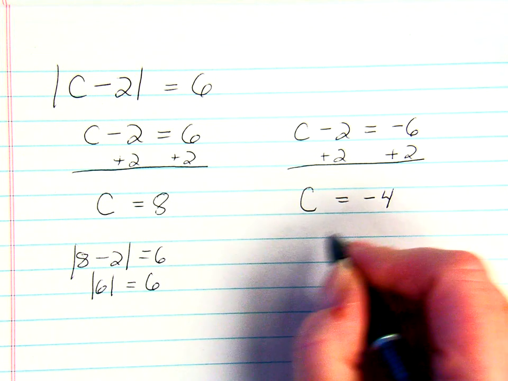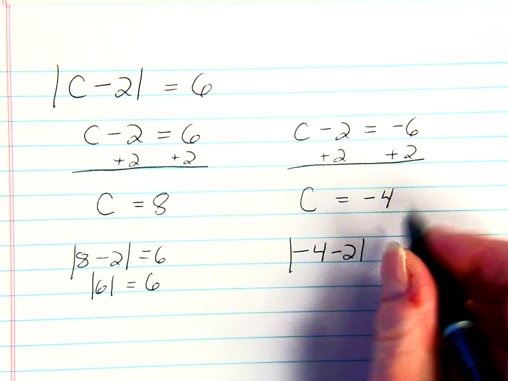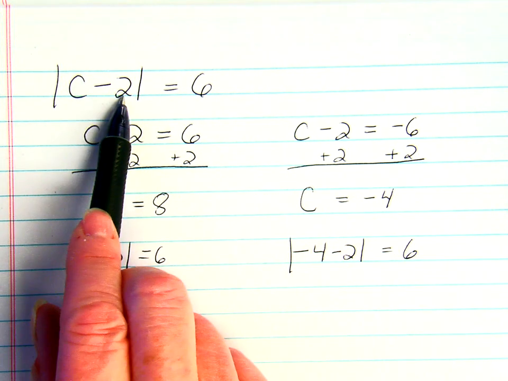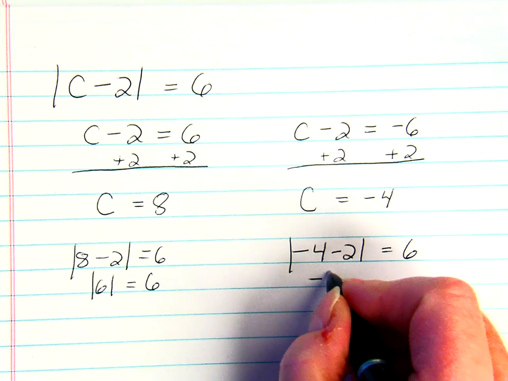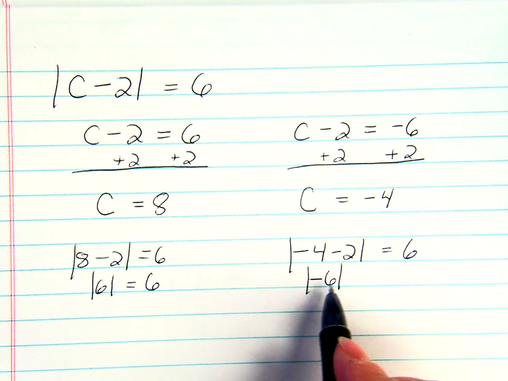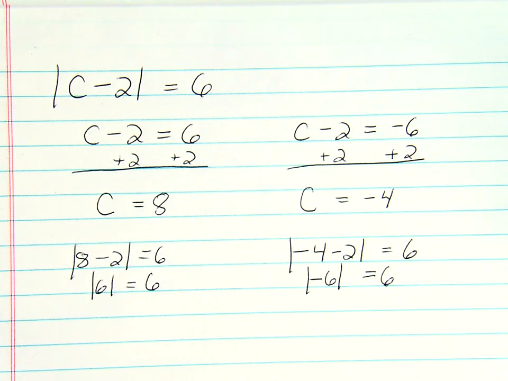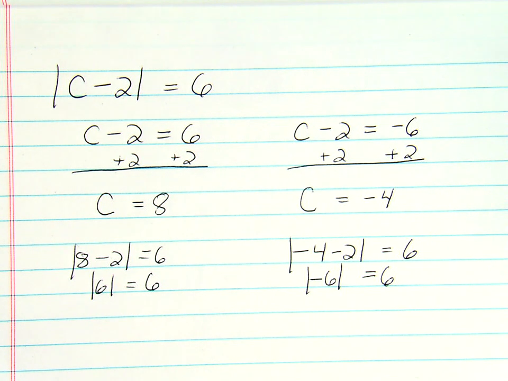Now I'll come over here and I'll say -4 minus 2, going back to my original equation now to check, and this comes out to -6. The absolute value of -6 equals 6. Is that correct? Yes, it is absolutely correct, because the absolute value of -6 equals 6.